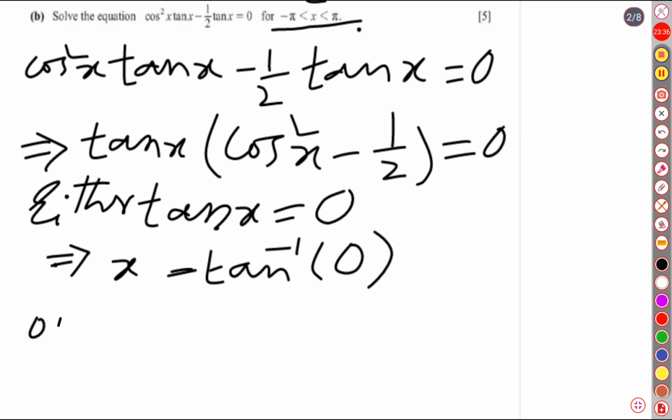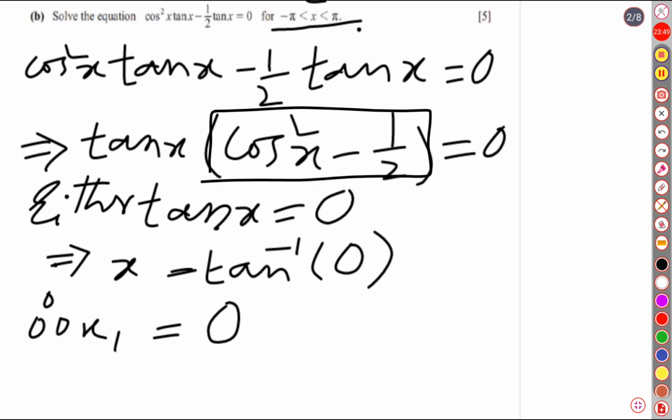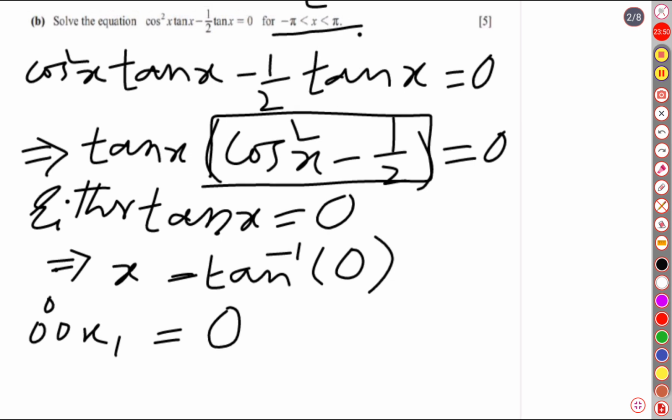Hence one of the values of x is going to be 0, so tan inverse of 0 is equal to 0, we know that.